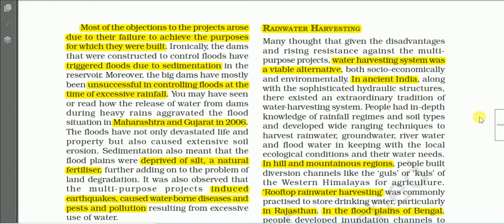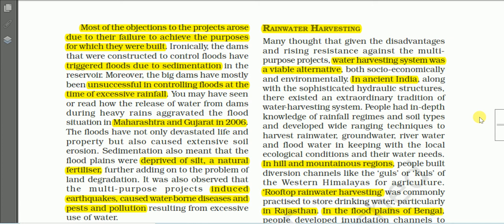In the previous lesson, we also discussed the disadvantages of, and resistance rising against, the multipurpose projects. Last time we talked about multipurpose river projects, which are also one of the techniques of water conservation and management in India, and not only in India, all over the globe.